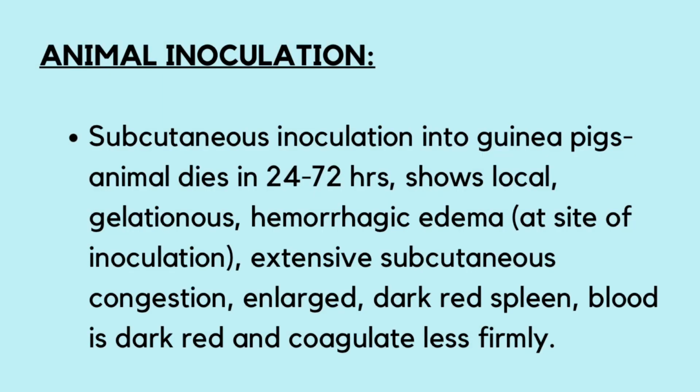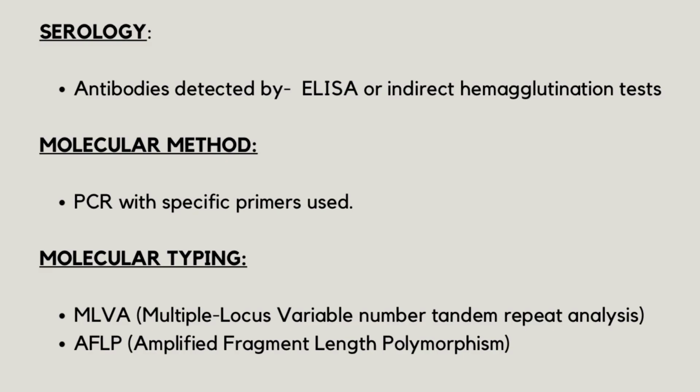Animal inoculation. On subcutaneous inoculation of culture into guinea pigs, the animal dies in 24 to 72 hours. It shows local gelatinous hemorrhagic edema at the site of inoculation, extensive subcutaneous congestion, and an enlarged dark red spleen. The blood is dark red and it coagulates less firmly. Serology.